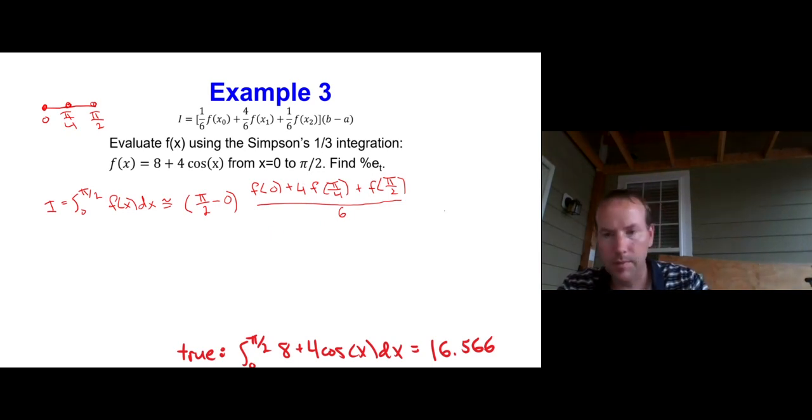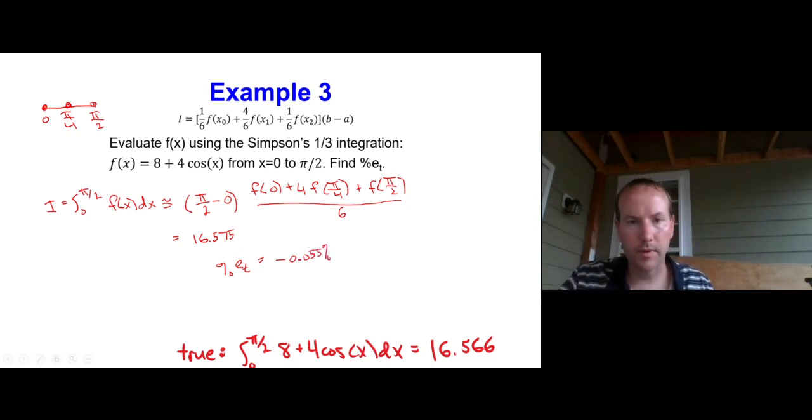And if you plug that into your calculator, you should get 16.575, and the relative error on that is pretty darn small. It's negative 0.055%.